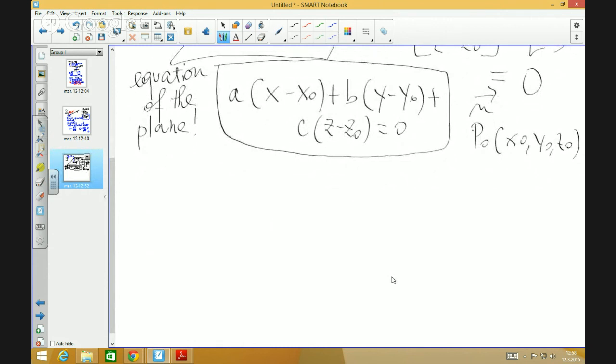So suppose I ask you, I got this normal vector for my last birthday. And I like my point P0 to be the point 0, 2, 4.